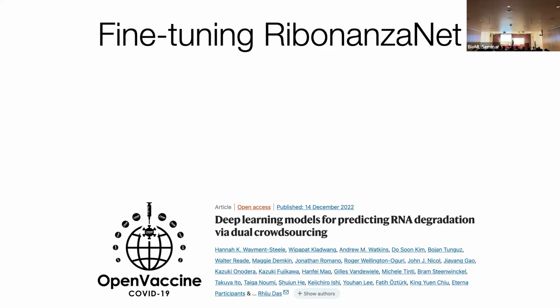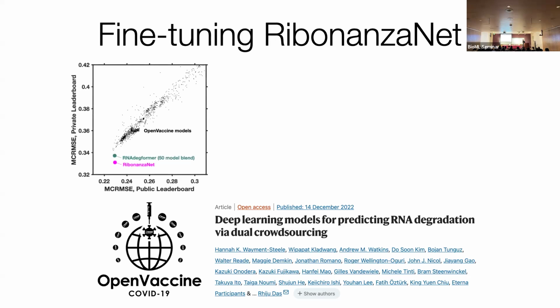Okay. So one example is we went back to this open vaccine problem, trying to predict the degradation rates of different RNA sequences. We had our training set and the test set from that last Kaggle competition. We took our RiboNanzaNet model and said, hey, try to predict these degradation data instead. What do you get?